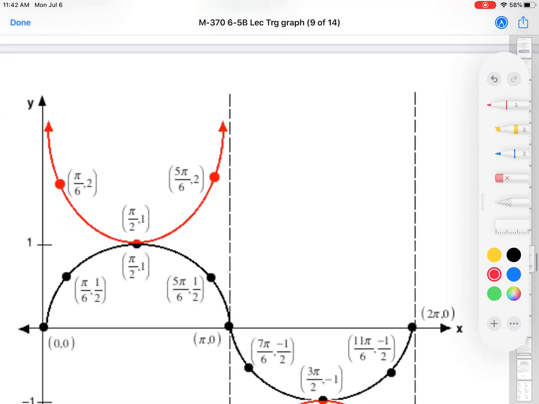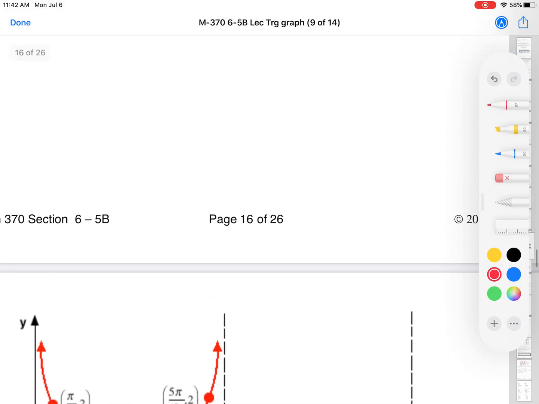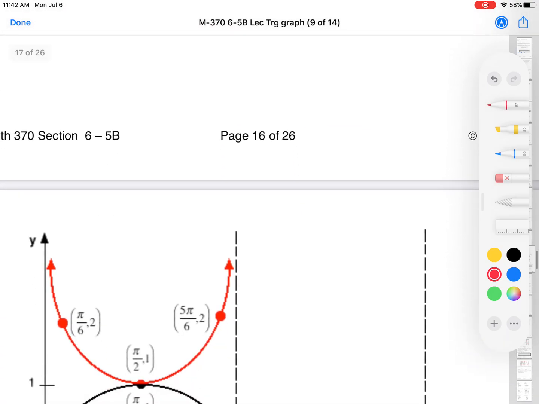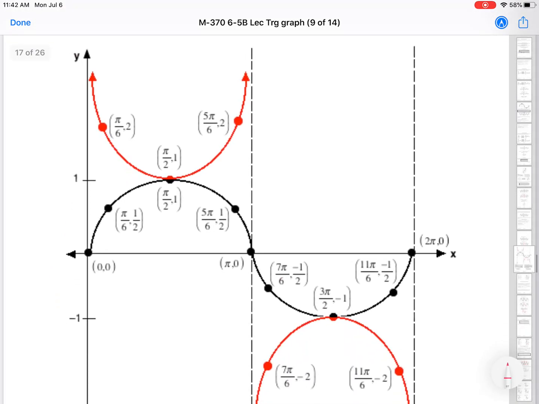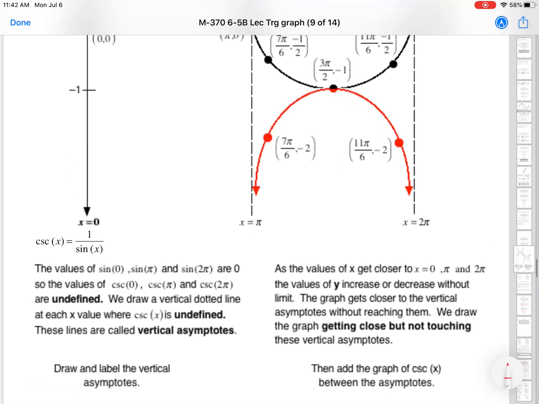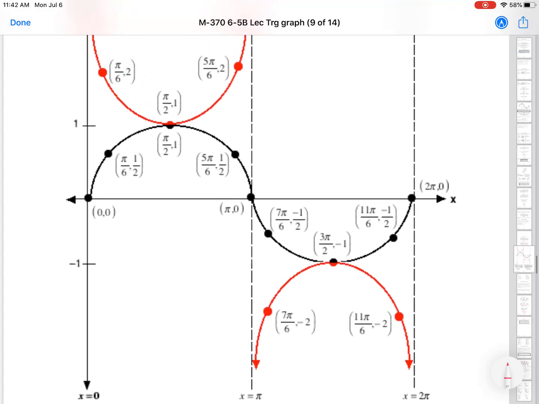But the best way to get it, if you're going to graph a cosecant, just know it's related to sine, and the best way to get it is to draw your sine function in. I would recommend drawing it dashed, and then do these parabolas off of its mins and maxes. That's what's going on when you look at your cosecant, because it gets big and gets really, really big.